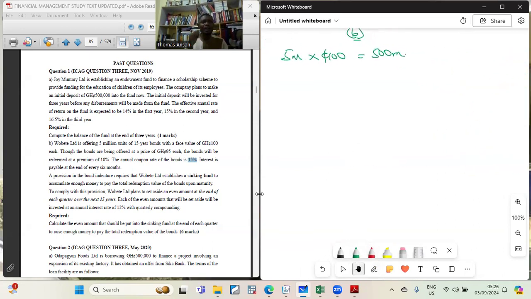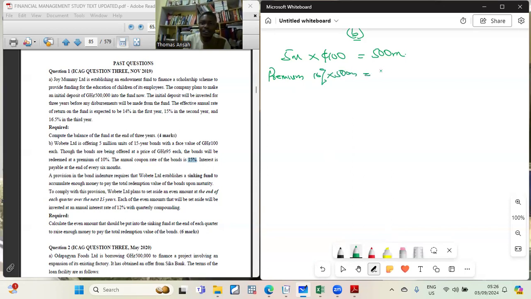So it means that our liability is not only the 500,000, but on the day the 15 years are over, we are going to pay an extra premium of 10% of this 500 million.